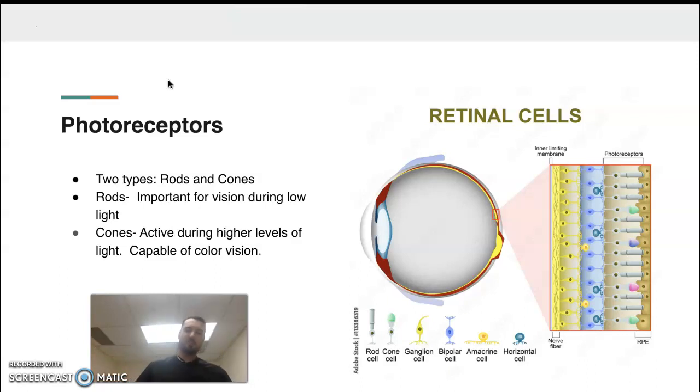This is very interesting because you would expect photoreceptors to be on the inner part of the membrane, but in the retina, the photoreceptors are actually in the back. And so what happens is, as light goes through the lens and comes into the retina, we'll see how stimulating the photoreceptors plays an important role in how we are able to see images.